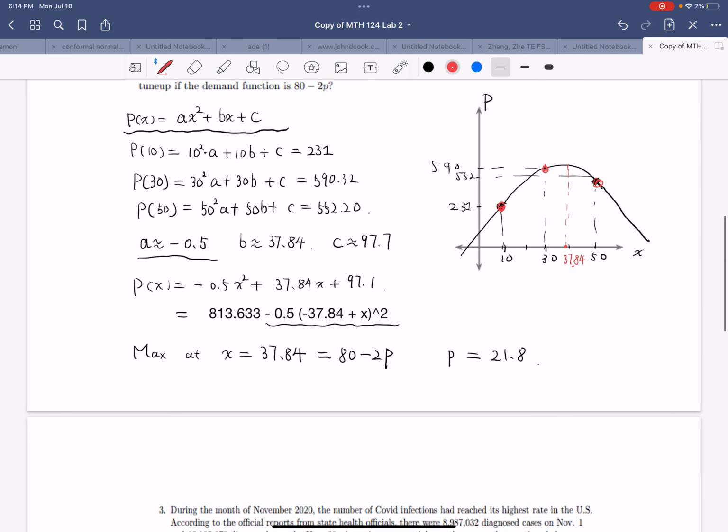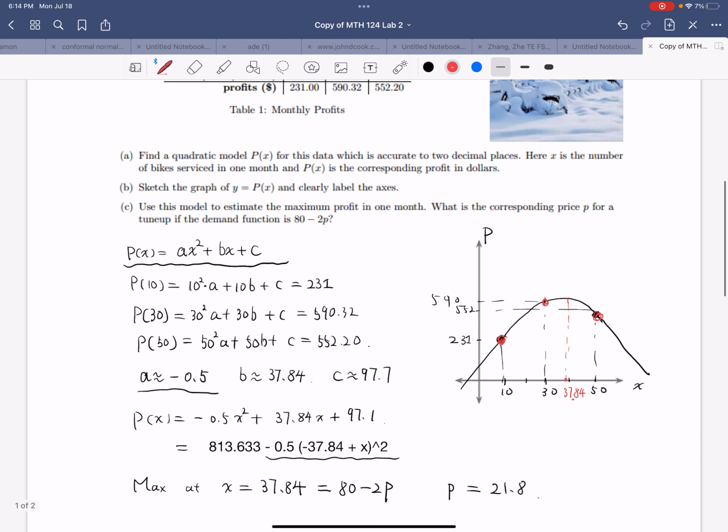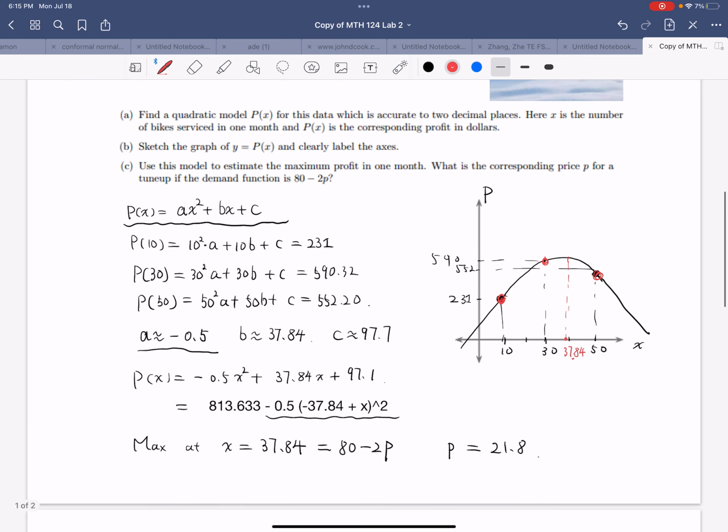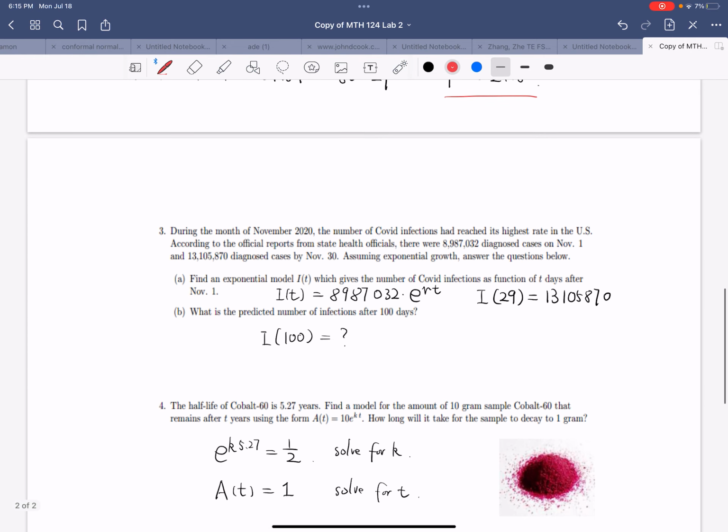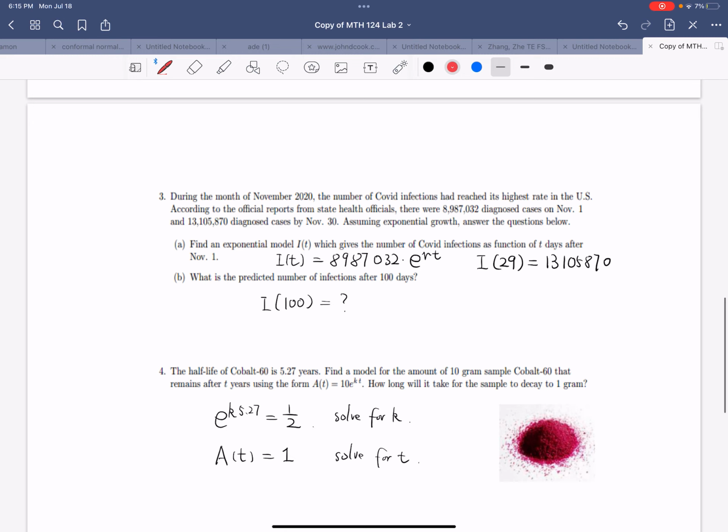So that's the graph. And then the last question says the corresponding price related to x is 80 minus 2p. So x equals 80 minus 2p, and you solve for this price. Okay, this is the second question. And the third question again is about exponential functions.